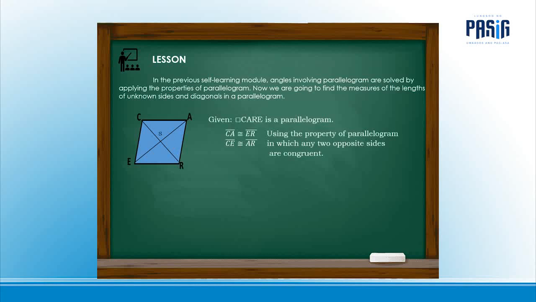In the given figure, quadrilateral CARE is a parallelogram. Then side CA is congruent to side ER. At the same time, side CE is congruent to side AR, using the property of parallelograms in which any two opposite sides are congruent.